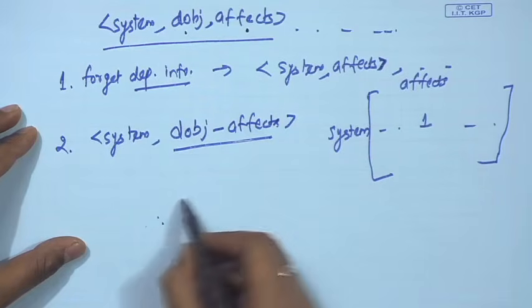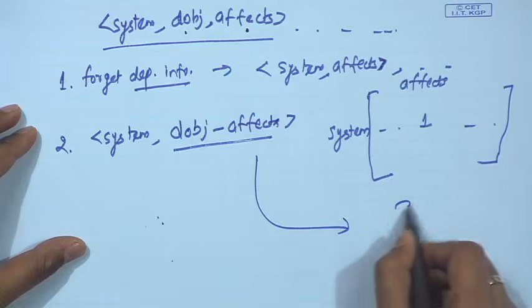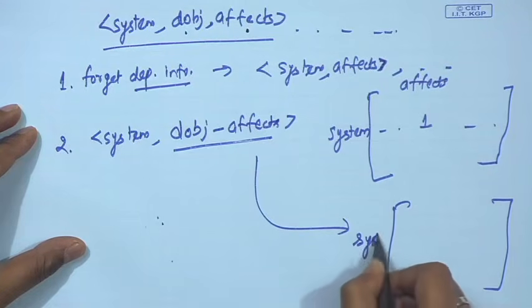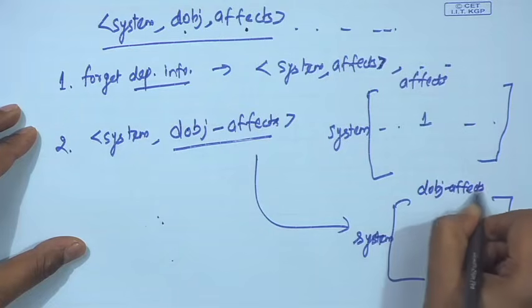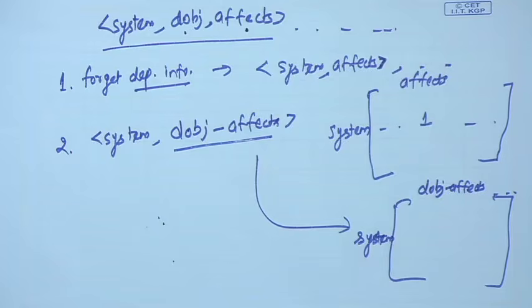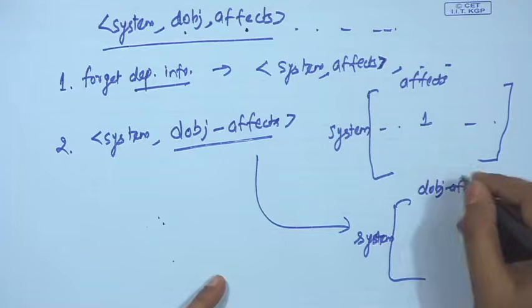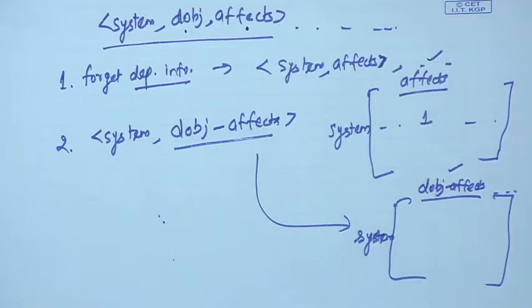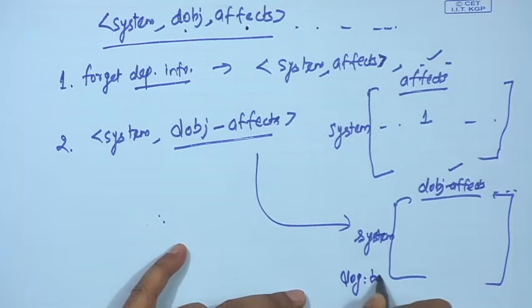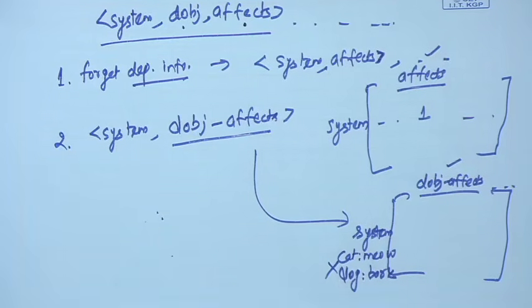Then I can represent system in this context, direct object of affects, direct object of other verbs, and subject of these verbs, and so on. Now you see immediately my dimensions are different. Here I had only words; here I have verbs and some relation together. But I am going back to the same sort of matrix format, and still I cannot do this: dog is to bark and cat is to meow. I cannot do it here.